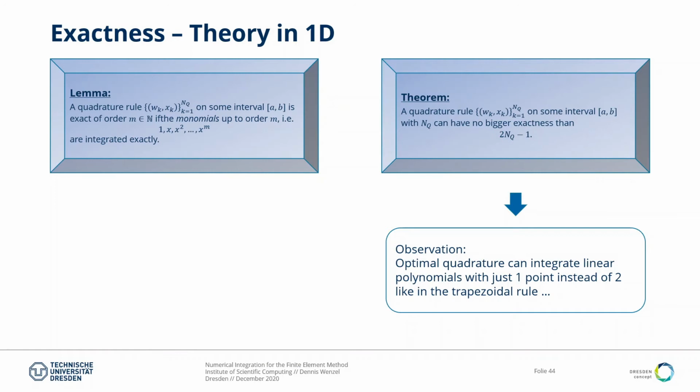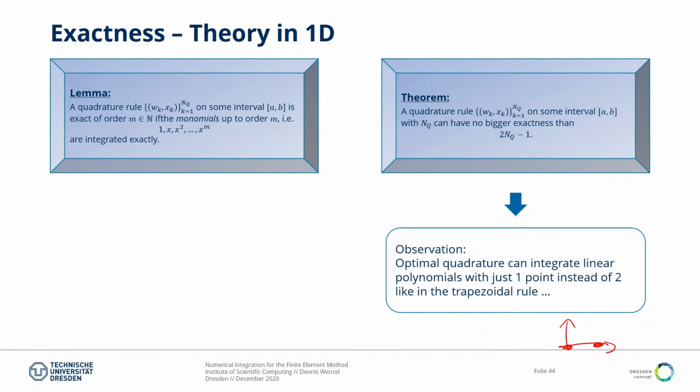Meaning that if we can actually reach this upper limit, then this would mean that we can integrate linear polynomials exactly with just 1 point compared to those 2 points that we used in the trapezoidal rule earlier. So there we have taken the left and the right boundary points, 2 points.